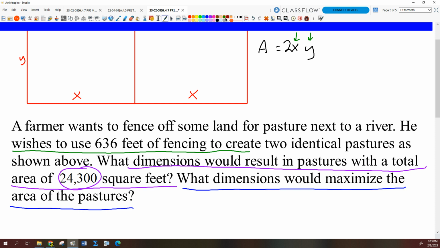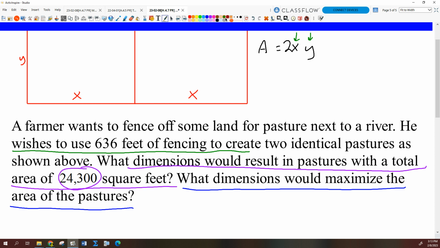Okay, what does that tell us in terms of x and y? What does that 636 have to do with anything? What do you think? Okay, it's the perimeter, kind of a modified perimeter. It's the fence, right? The fence distribution. So where are we going to fence on this picture? What would have to equal 636? 2x plus 3y. Yeah, right?